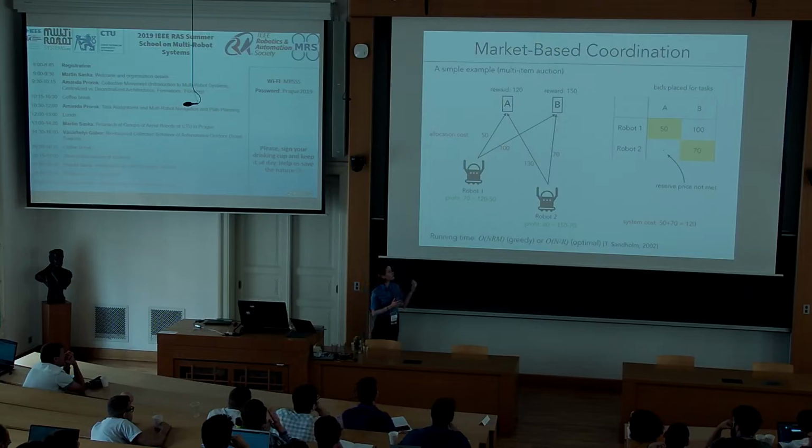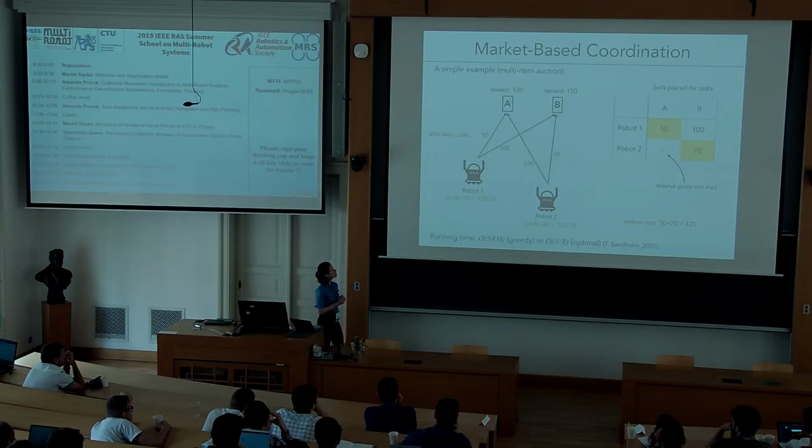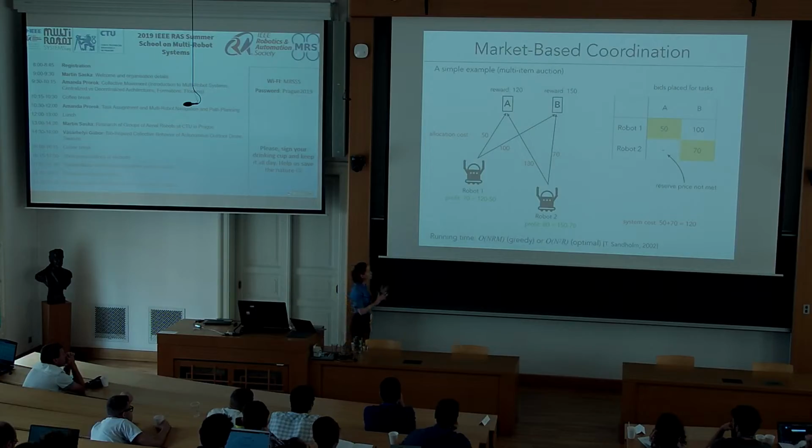And then we have robots that essentially tell the auctioneer what their price is to solve these tasks. So essentially, what is the cost of a given robot to go and solve these tasks? So robot 1 here, for example, will have a cost of 50 to get to task A, and a cost of 100 to get to task B. And then same for robot 2, which has its own costs.